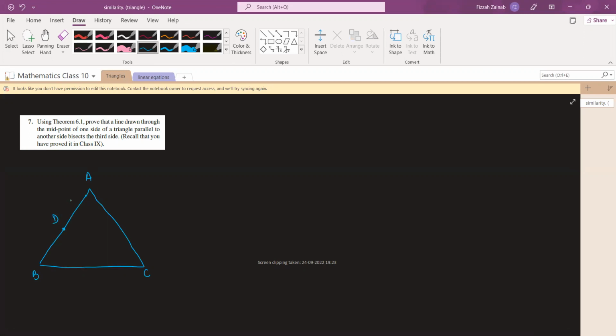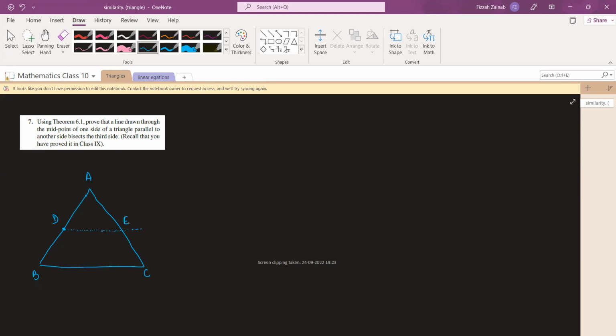So if a line is drawn through the midpoint of one side of a triangle parallel to another side, so from D, I'm drawing a line parallel to BC, like this, bisects the other side. So let's say I'm just extending it and it meets AC at point E.